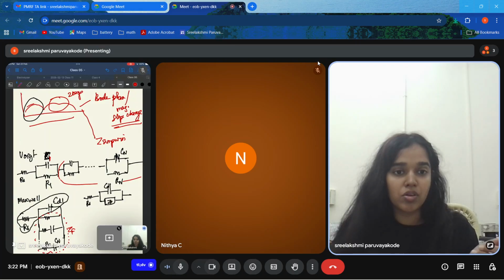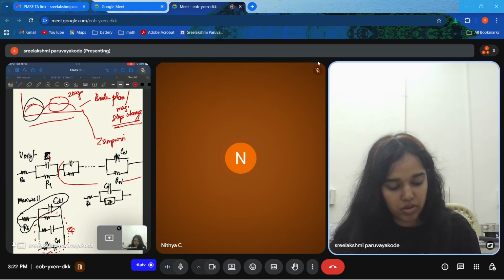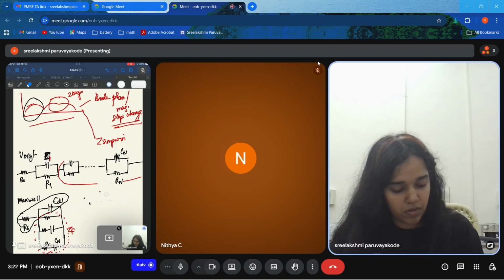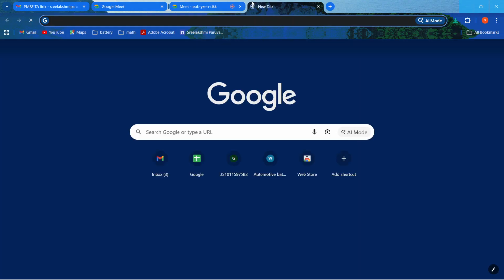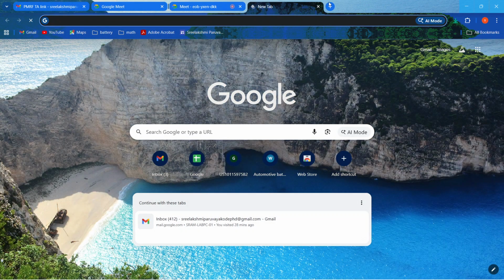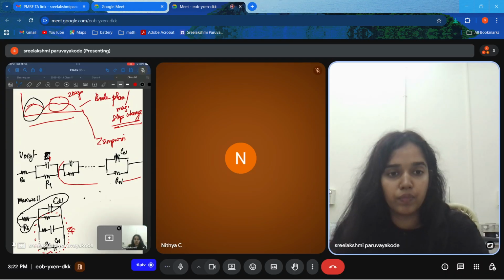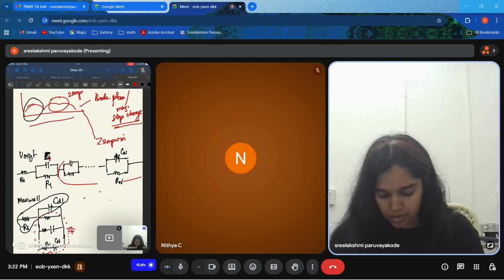Whereas when you're using the Maxwell circuit or ladder circuit, it becomes easy. So this is about the Maxwell circuit, and now the next one is ladder.